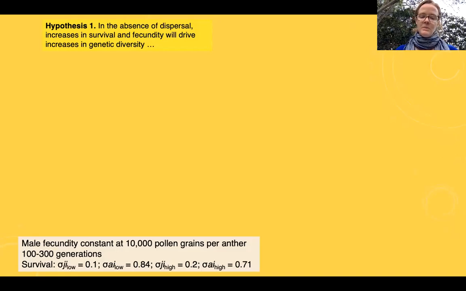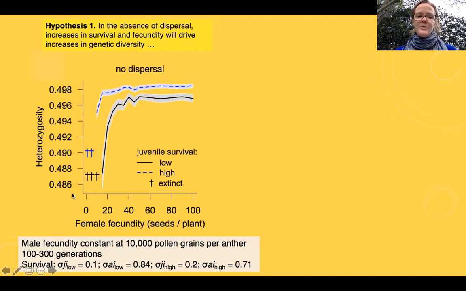I'm not going to go too much into the parameters here, because if you're interested, you can read it in the paper. But basically, we parameterized a low juvenile survival scenario and a higher juvenile survival scenario. And we looked at the influence of female fecundity and that difference in survival rate on genetic diversity, which here we measured as heterozygosity.